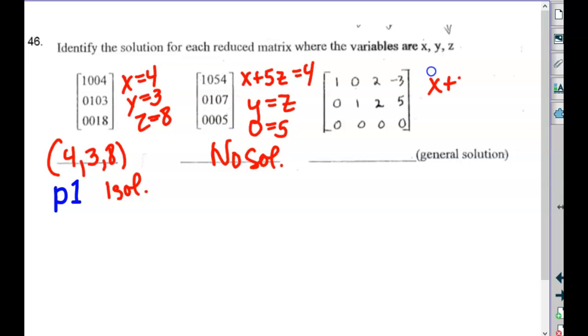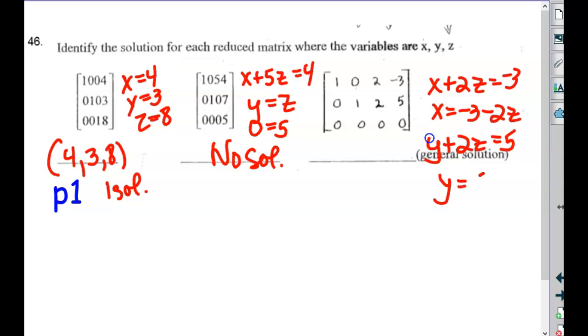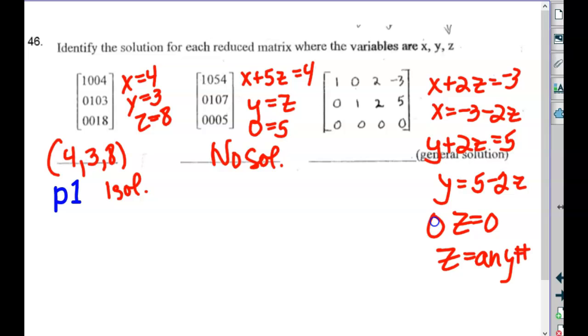This would be x plus 2z equals -3, which if you solve for x, -3 minus 2z. The next one is y plus 2z equals 5, or y equals 5 minus 2z. And this one basically says 0z equals 0. Any number could be z.